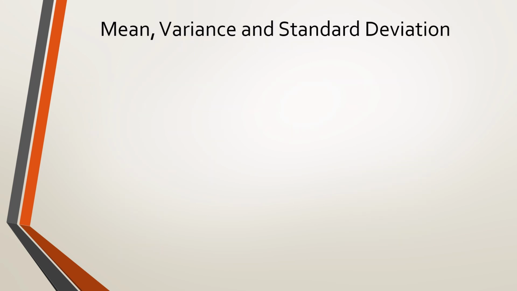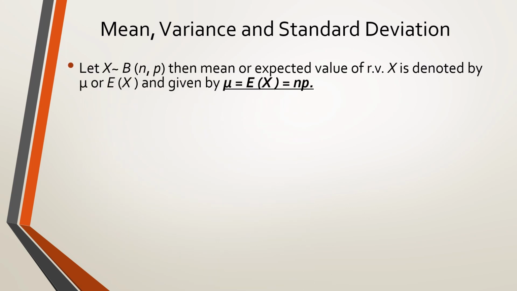Now we are ready to discuss mean, variance and standard deviation. If x follows a binomial distribution with parameters n and p, the mean or expected value, the average value, is given by mu or E(x) is equal to n times p.